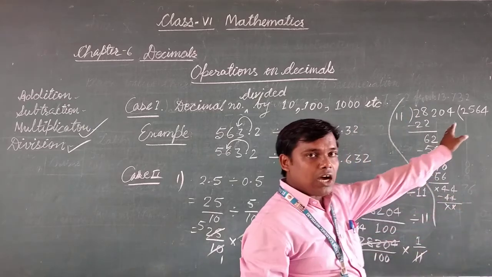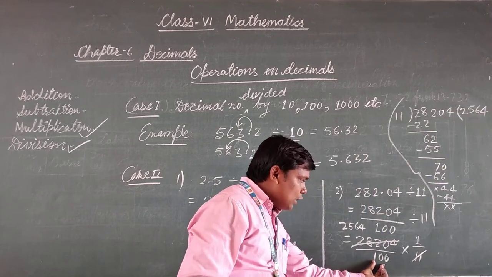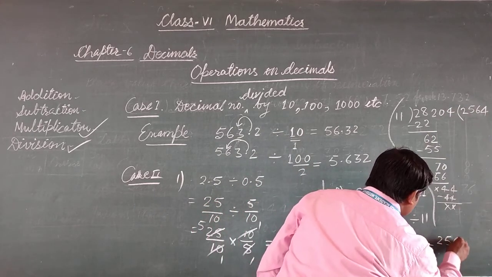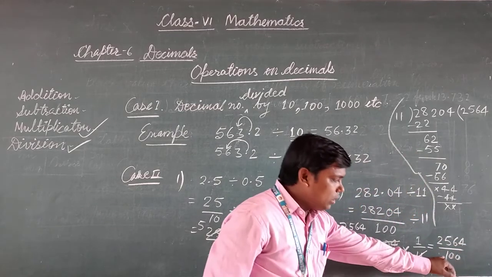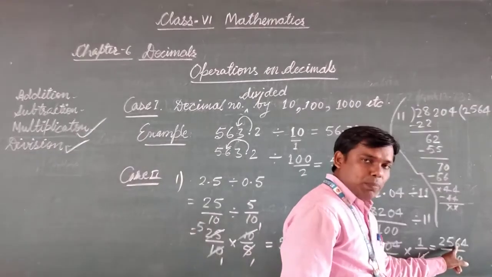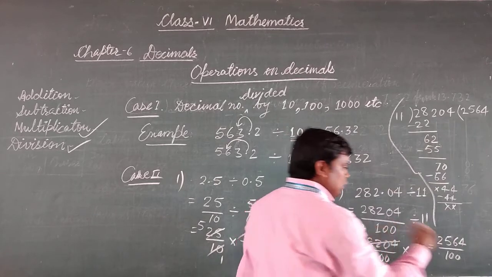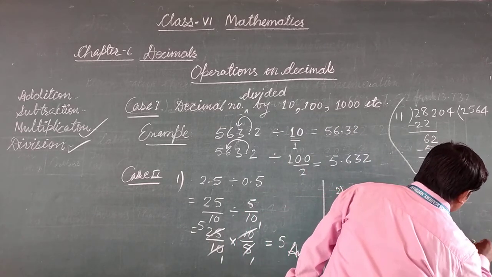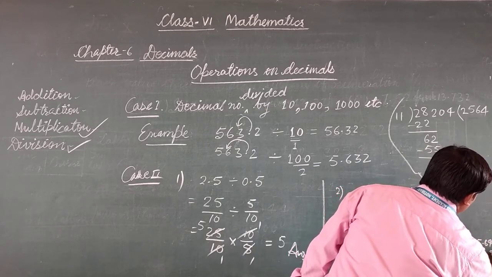Means our question becomes 2564 by 100. We can put the decimal after leaving two places from the right, or we can convert this fraction into a decimal and write 25.64. This is our answer.